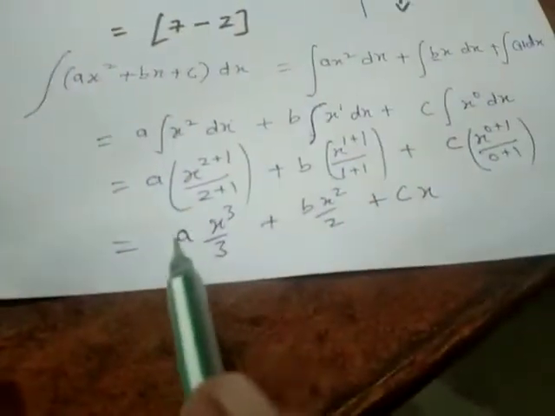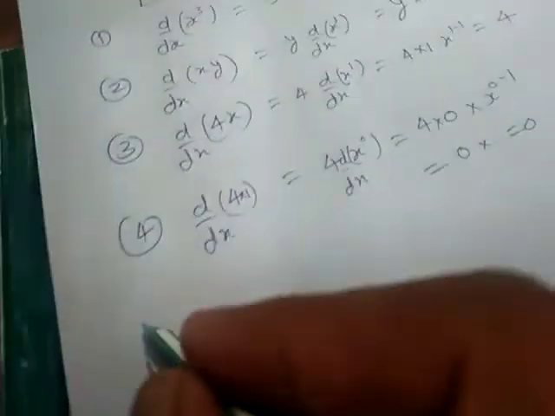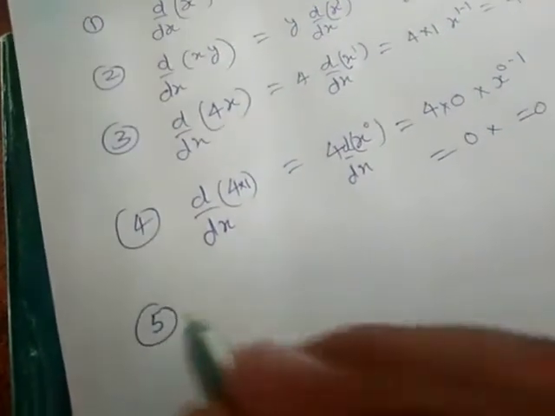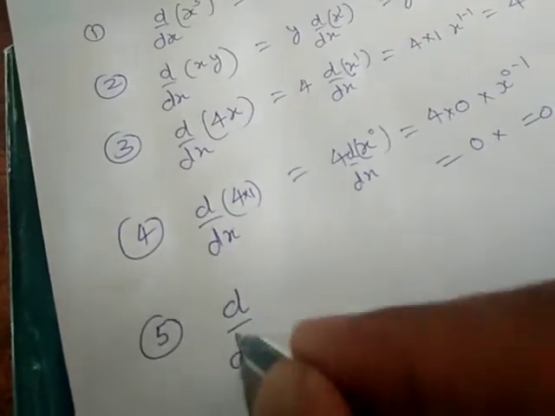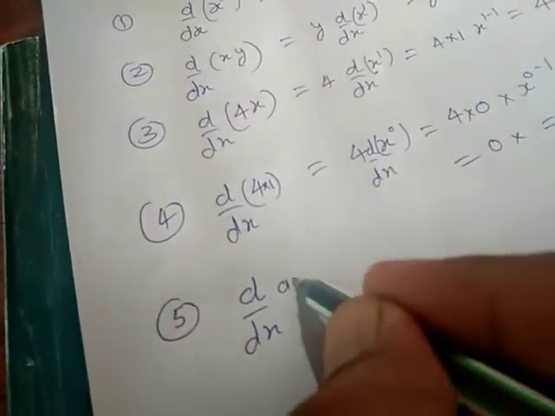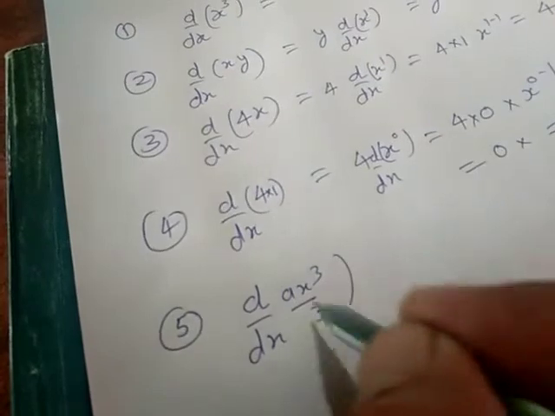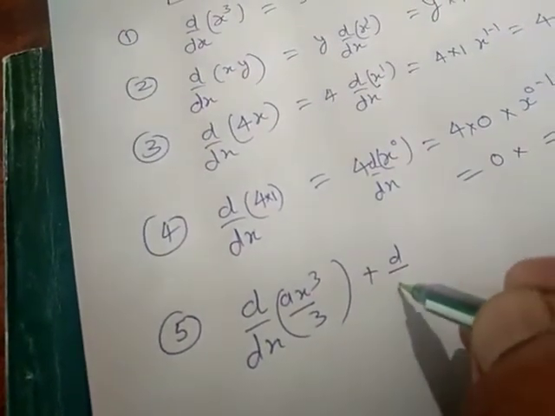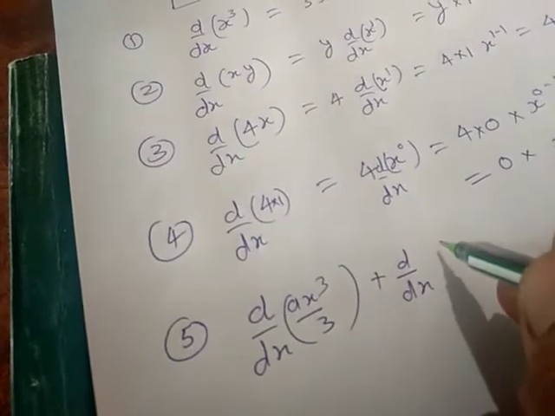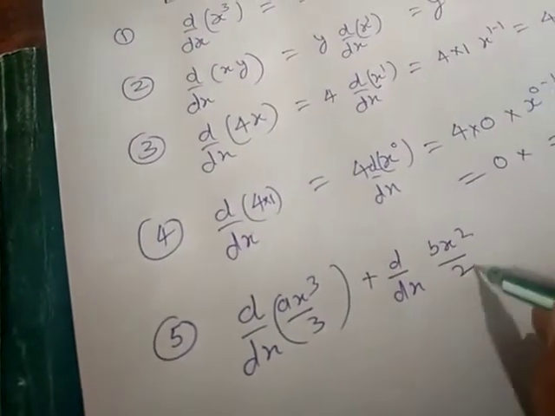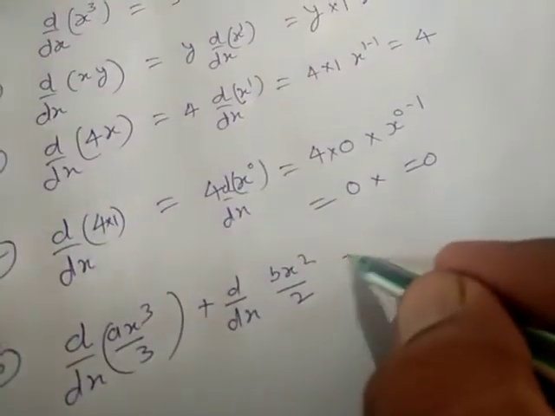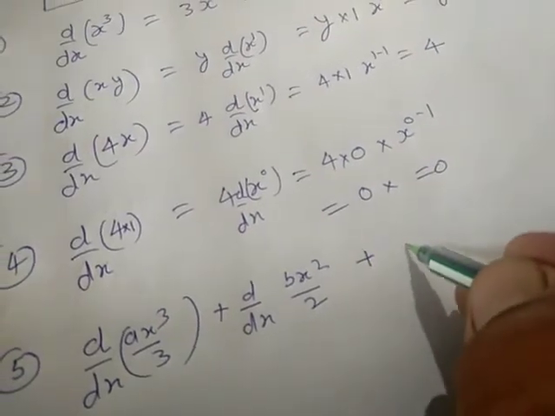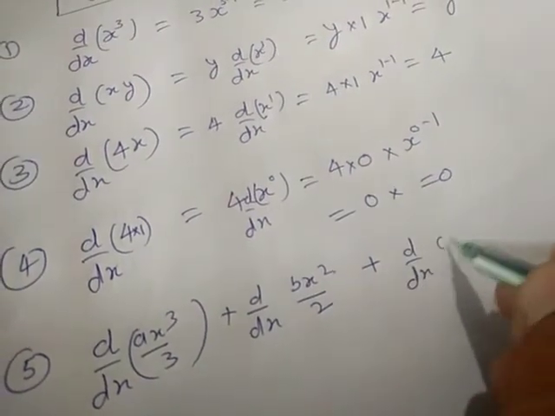Now, to finish, we will differentiate the result of the integration. What was the result? d over dx of a x to power 3 by 3 plus d over dx of b x square by 2 plus d over dx of cx.